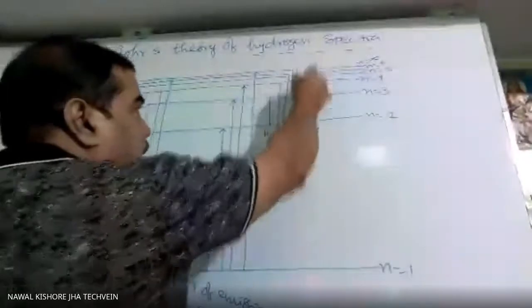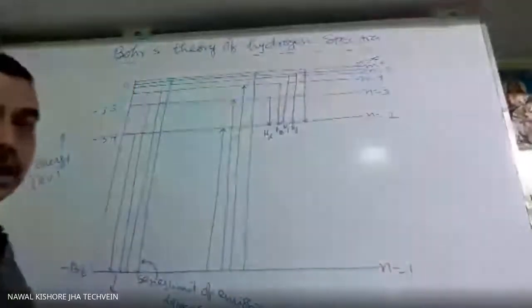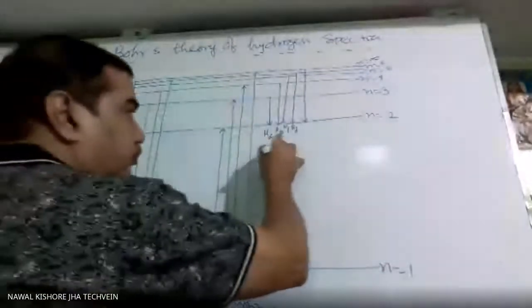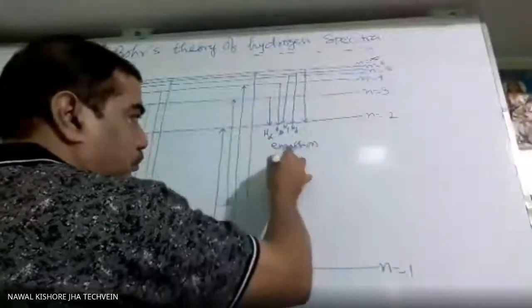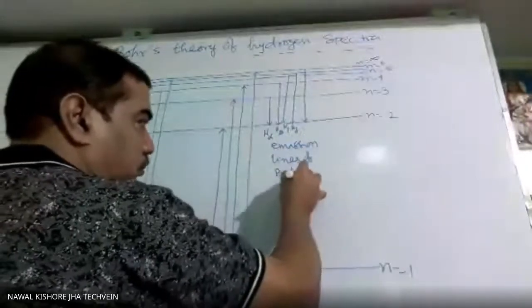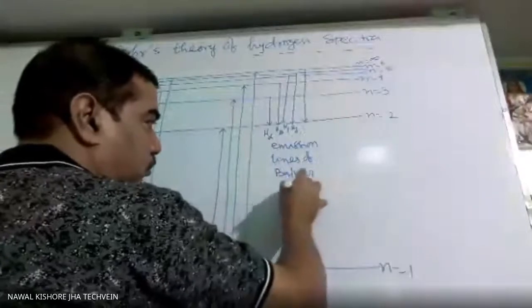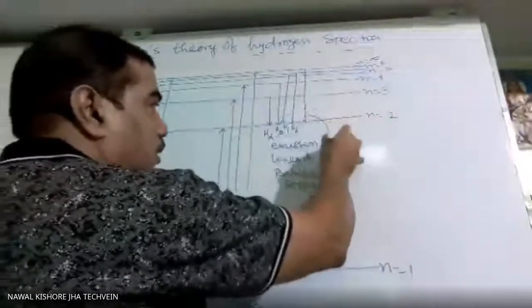And this is our series limit of Balmer series. These are all our emission lines. This is series limit.